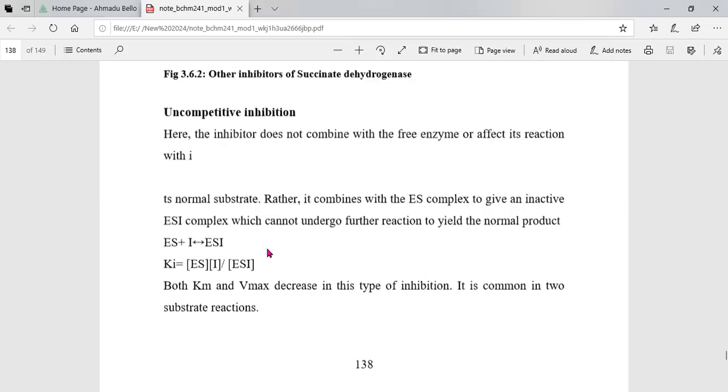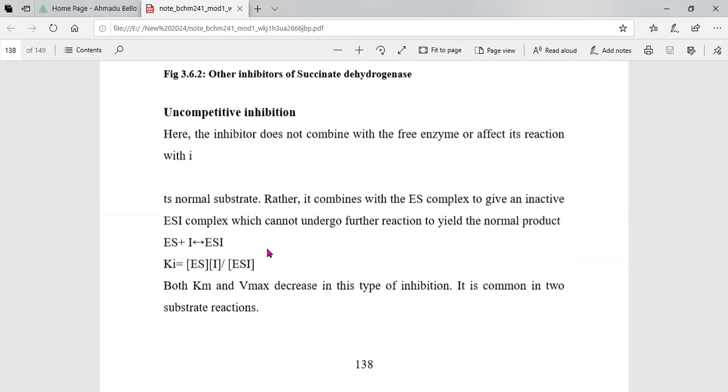In uncompetitive inhibition, we said the inhibitor does not combine with the free enzyme or affect its reaction with its normal substrate. Rather, it combines with the enzyme substrate complex to give us what we call the enzyme substrate inhibitor complex, which cannot undergo further reaction to yield the normal product.